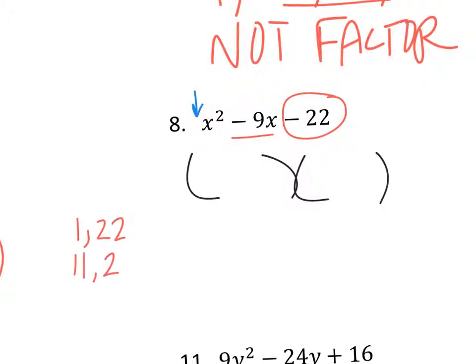So since this is negative 22, one of them needs to be negative and one of them needs to be positive. So I'm going to write x and x, I know that for sure to get x squared. And then I'm going to have my negative 11 and positive 2, because negative 11 plus 2 adds up to negative 9, and 2 times negative 11 is negative 22.